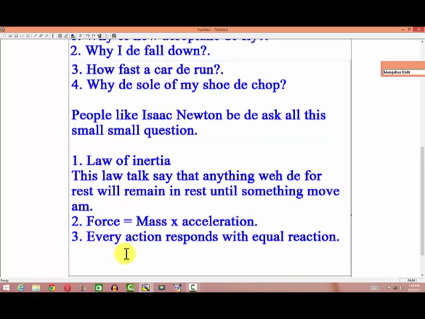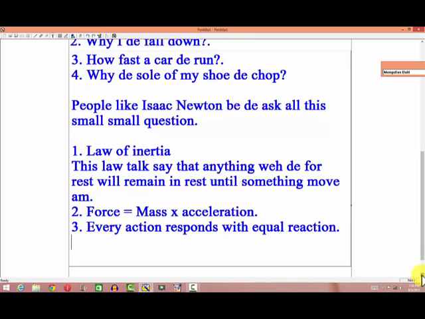That is, every action you take will respond to you with the same amount of power. For example, if you take a knife, use all your power and hit a big stone, the knife will push back against you. In the same way, if you push a wall, the wall is also pushing back at you because you can't move it.